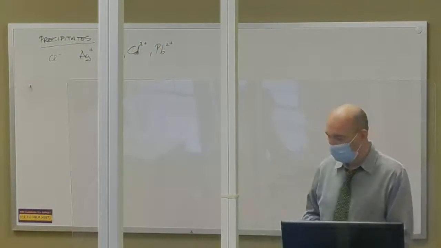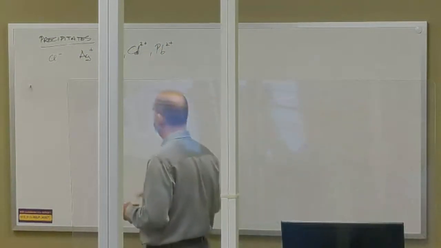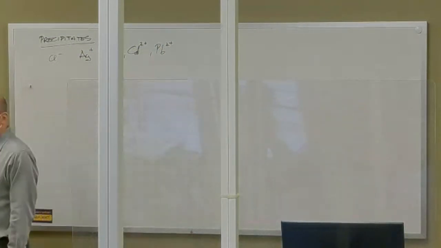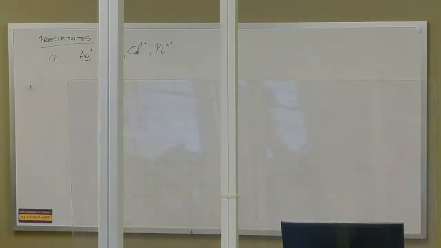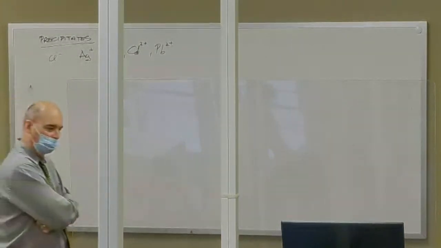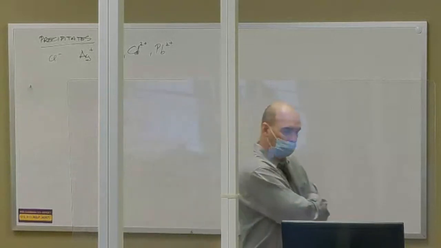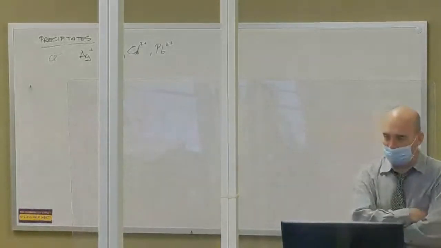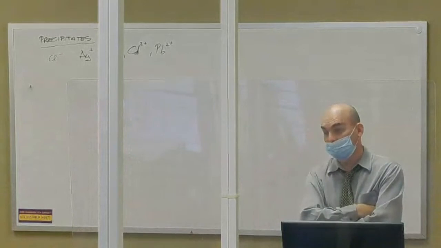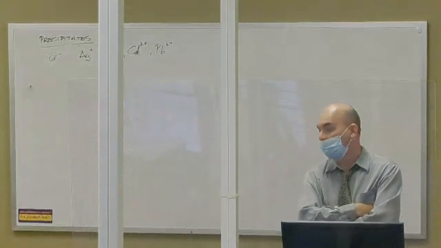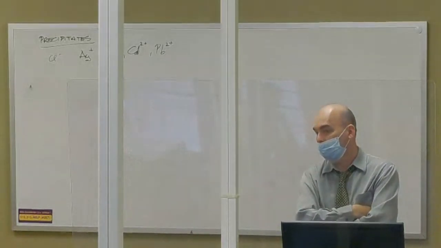So this is dual-edged for us. If I wanted to know what the concentration of lead in my drinking water is, I could take a liter of water and precipitate the lead out of it, because lead chloride's not soluble.